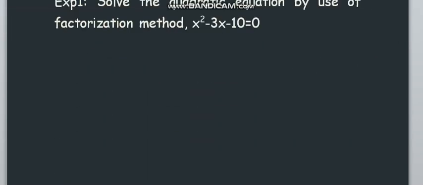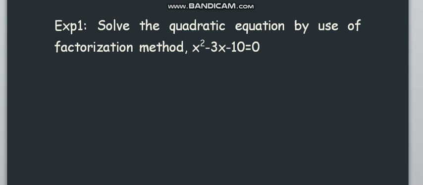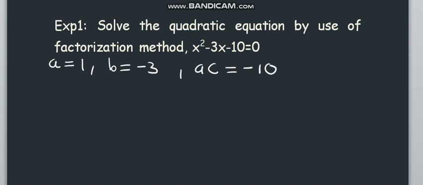Our first question: solve the quadratic equation by use of the factorization method. If we look at our quadratic equation, our a is 1, our b is -3, and our a times c is -10.